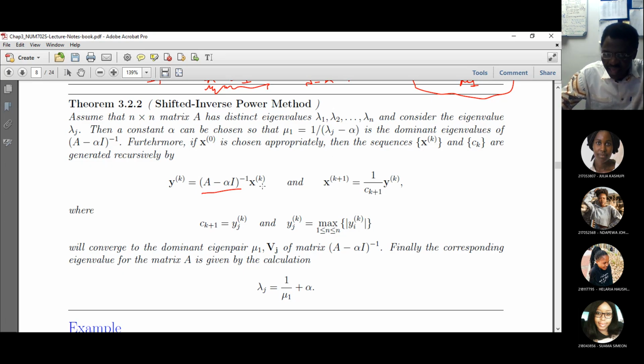Now, the next term of our sequence, because remember that the sequence we are building are the xk, not the yk, because the yk are just intermediate steps, right? So now, xk plus 1 will be given by this, where ck plus 1 is the entry of yk with the largest magnitude. This is exactly what this means.